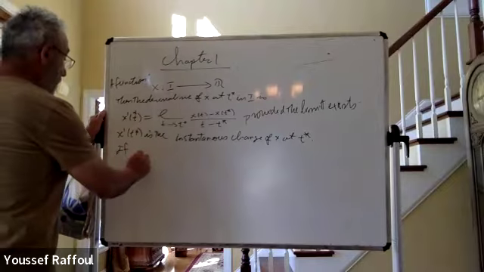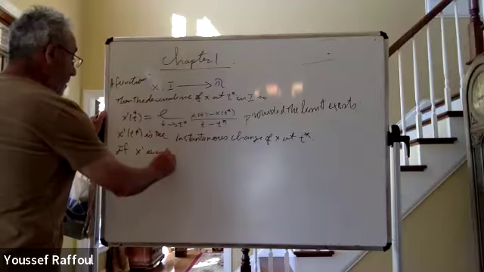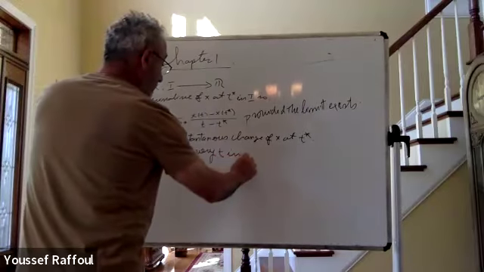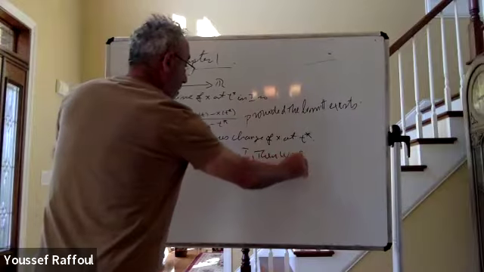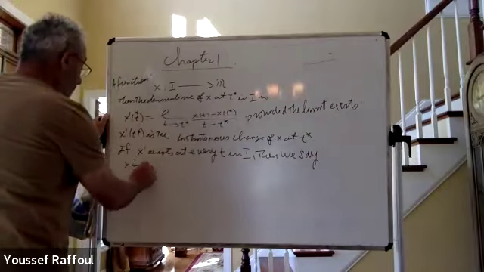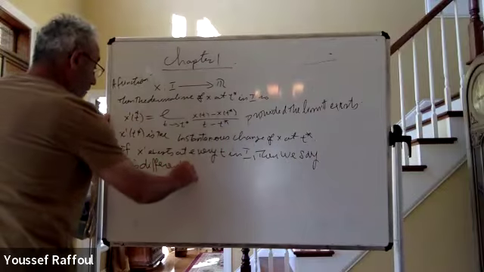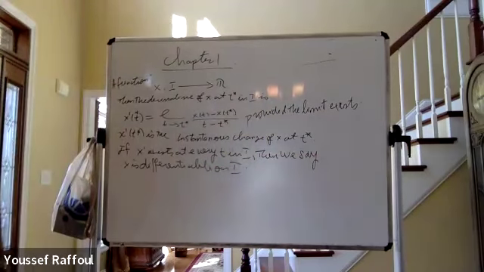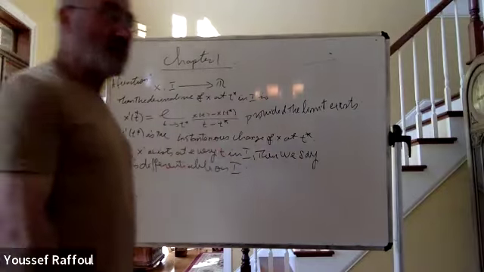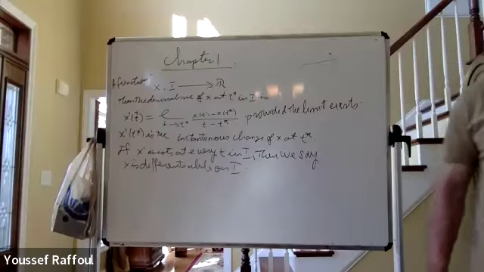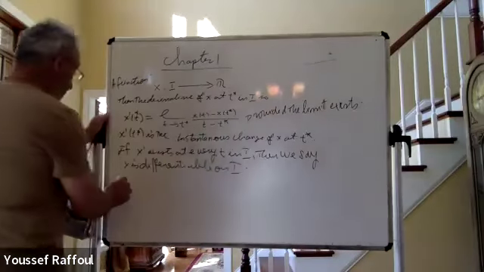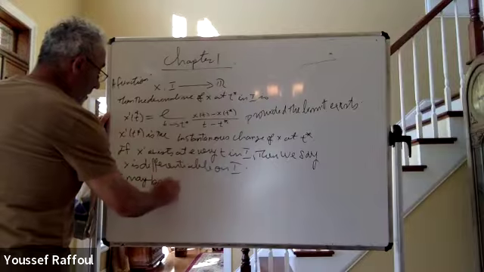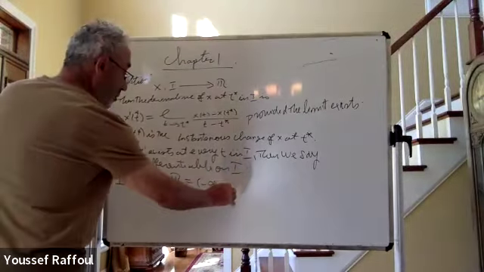So if x prime exists at every t in I, then we say x is differentiable on I. But the derivative has to exist for every t in the interval I. Sometimes I may be the whole real number line, R, which is minus infinity to infinity.